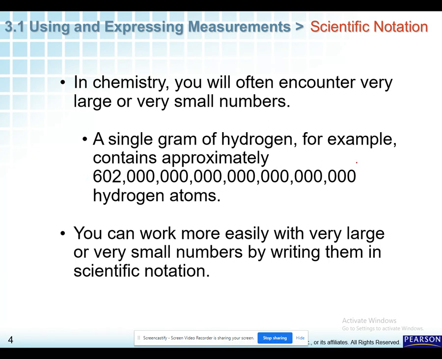You do not want to write this number every single time that you want to write down how many hydrogen atoms there are. So we can take this very, very, very large number and work with it easier by putting it into scientific notation. So you can work more easily with very large numbers or very, very small numbers by putting them in scientific notation.